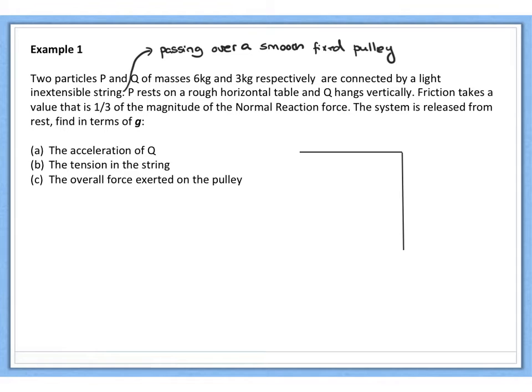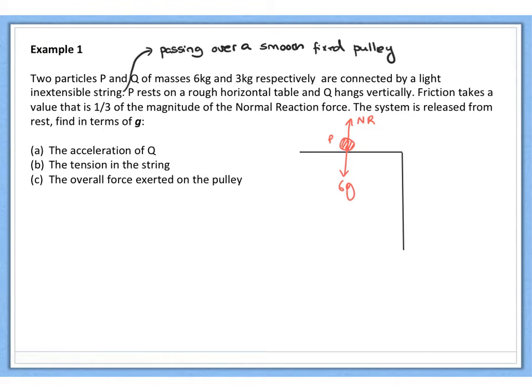And let's add the particles into the diagram. So particle P is at rest on the horizontal table. Now P will have a weight of 6g. There'll be a normal reaction force upwards like that.